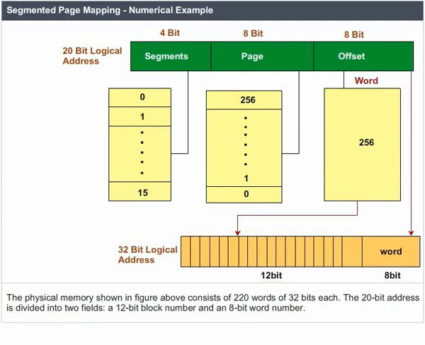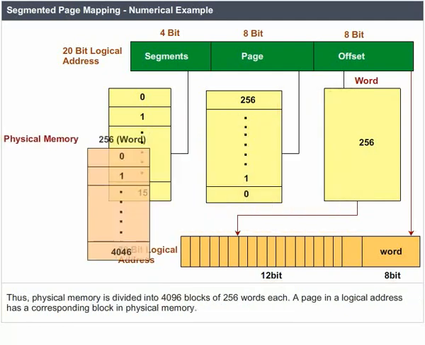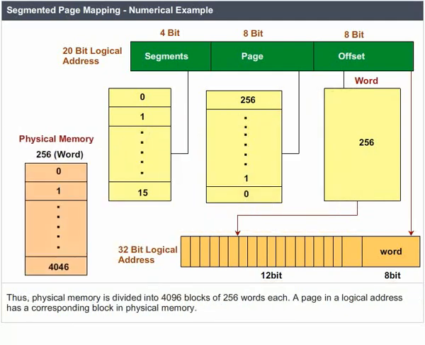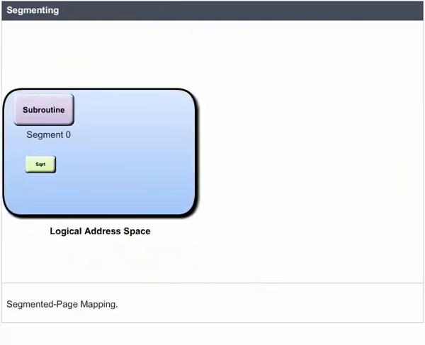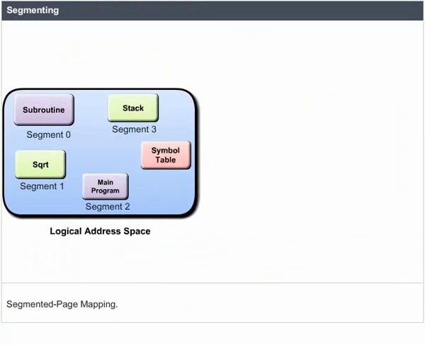The 20-bit address is divided into 2 fields, a 12-bit block number and an 8-bit word number. Thus, physical memory is divided into 4096 blocks of 256 words each. A page in a logical address has a corresponding block in physical memory.